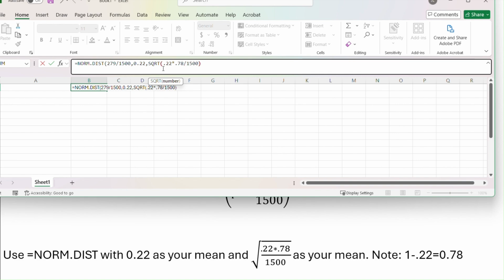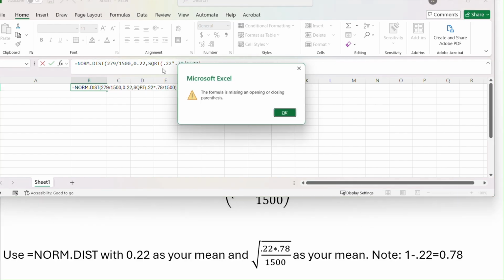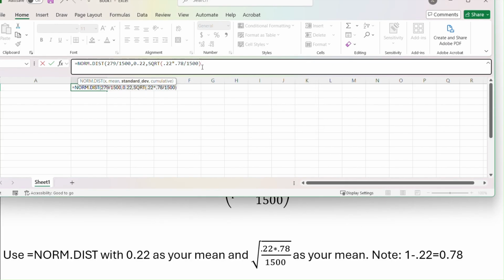And I hit enter to get my answer. No, I don't. Oh, I forgot. Yes. I always end with 1 to find the probability. Okay, now we're good. I have my sample value, I have my mean, I have my standard deviation, and I always end with 1.